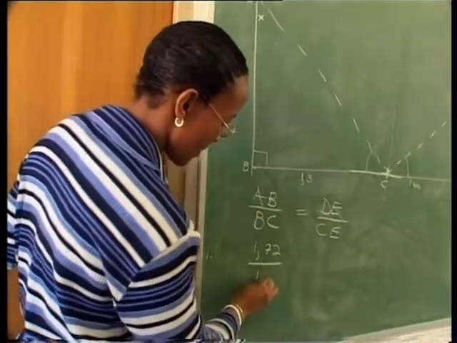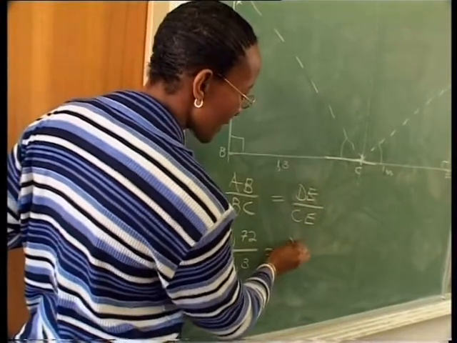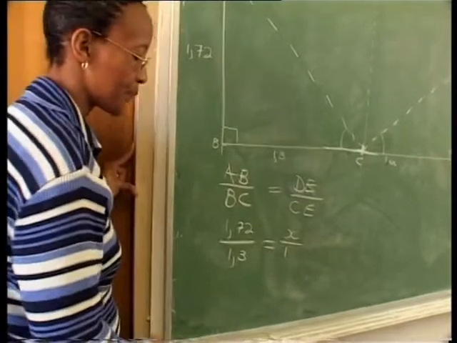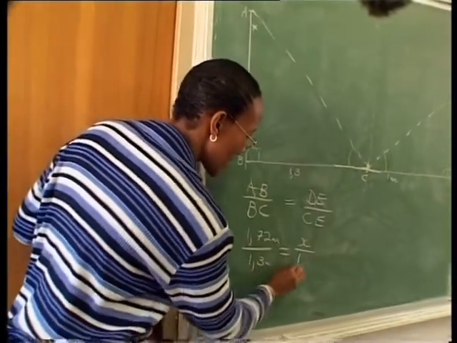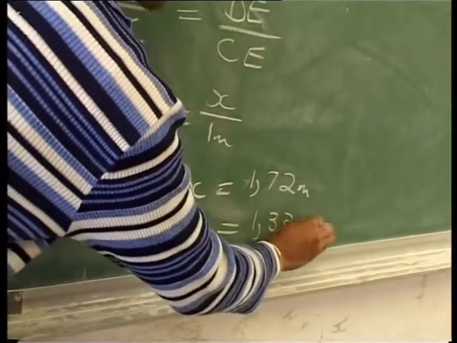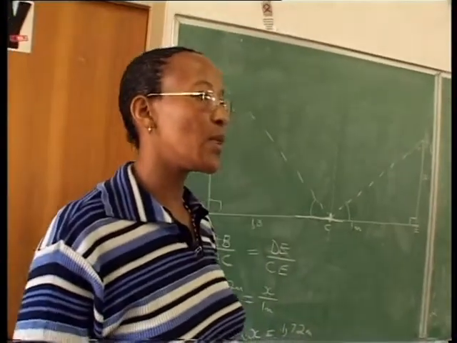BC is 1,3, equals DE over CE, 1 meter. The teacher and learners substitute and come to an answer. 1.32 meters. So Kolani is 1,32 meters.